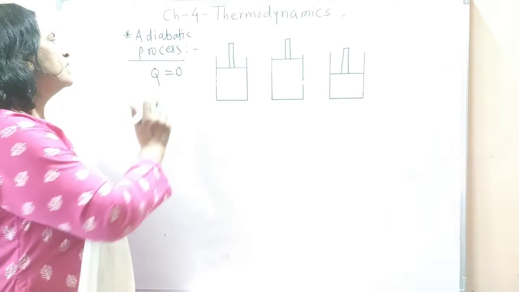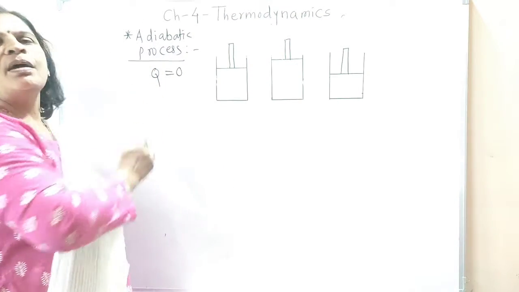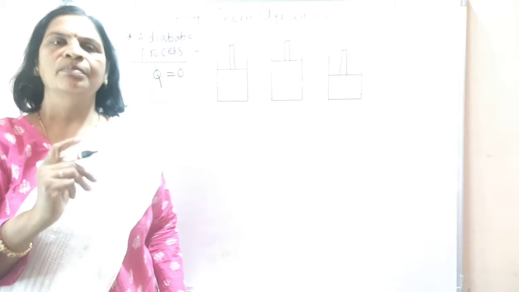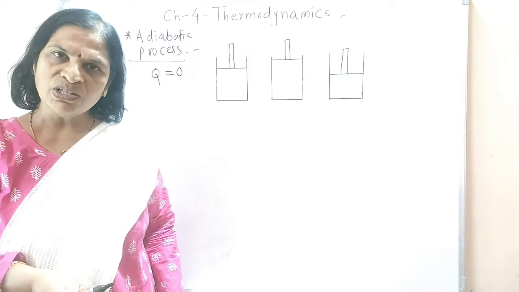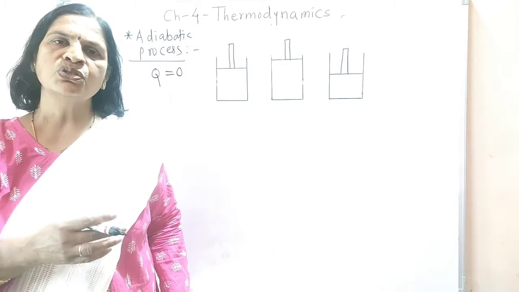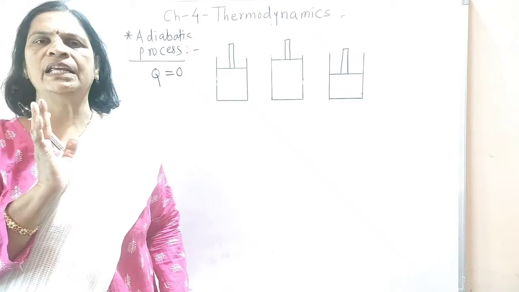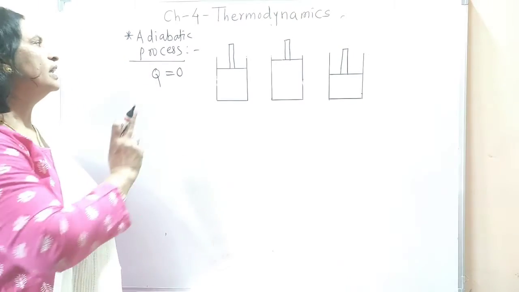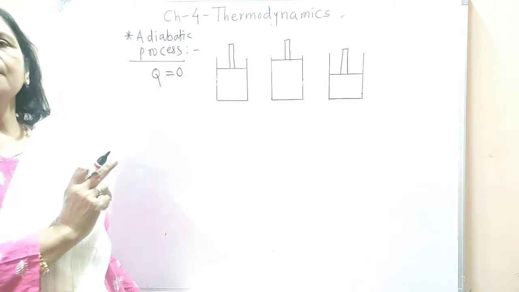And so for adiabatic process we have to follow two conditions. Boundary should be perfectly insulating and the change in the system should occur very rapidly. These are the two conditions for adiabatic process.